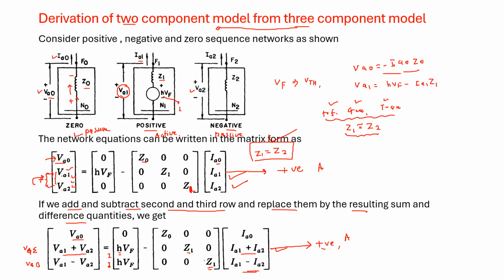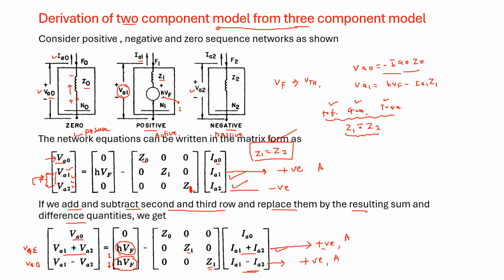Why is it a positive sequence network? Because we have this source. By doing this work, this negative sequence network, which was negative, is now transformed to positive and active. Why does it become positive? Because again we have a source here. Okay, and they are identical.